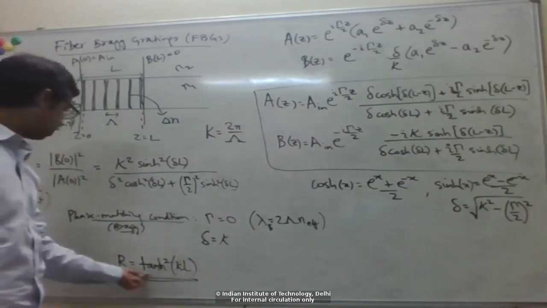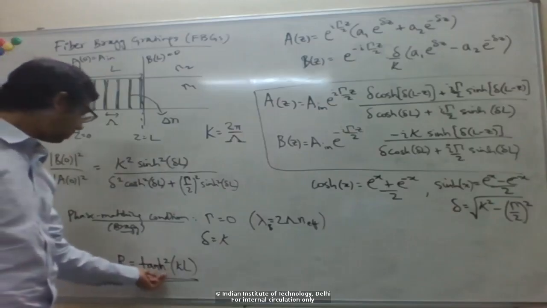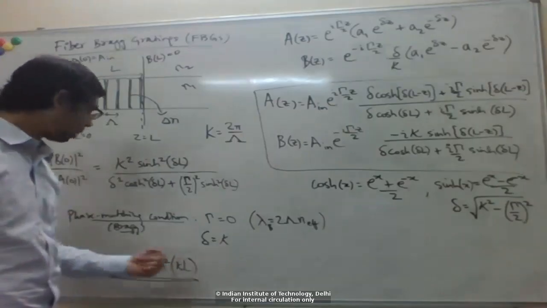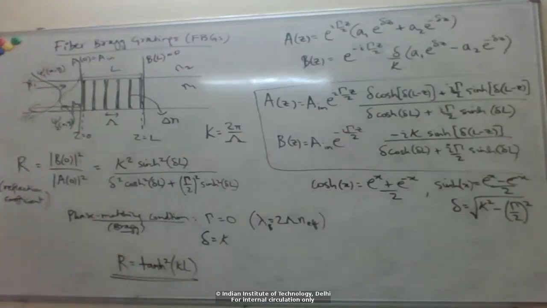That maximum reflection coefficient is given by tan hyperbolic square of kappa times L.